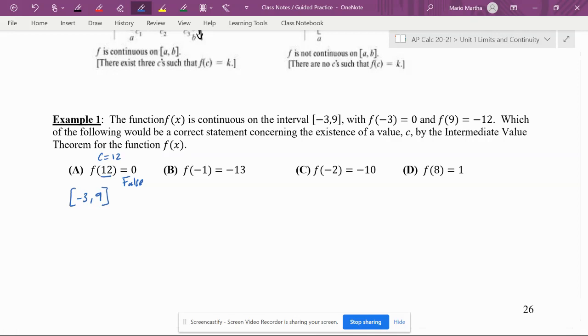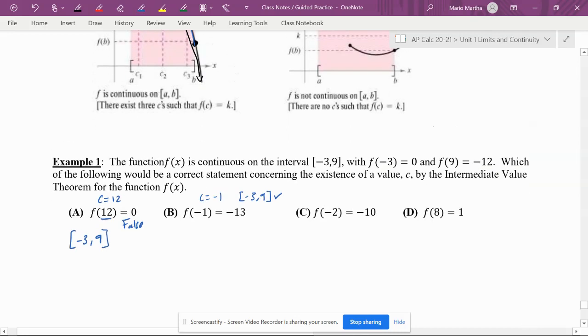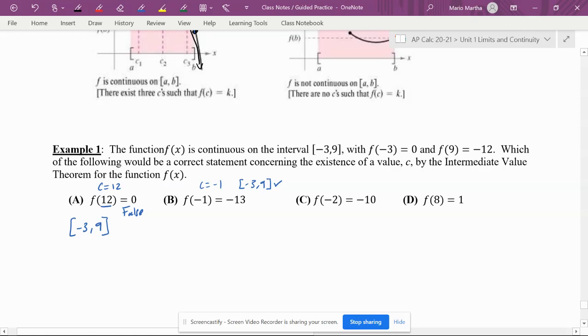Now, if you look at B, c equals -1, that is between -3 and 9. So that checks off. That's the first thing that should check off. The c value is between the interval and it is continuous. But if you notice, our highest value goes from 0 to the lowest one, which is -12 on f.